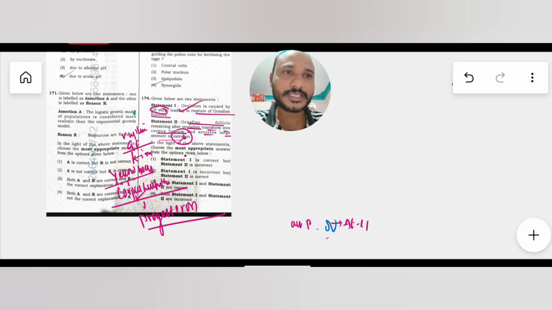So this estrogen makes the statement wrong. Generally the corpus luteum secretes a large amount of progesterone, not estrogen. So statement 1 is right, statement 2 is wrong. The right answer for 174 is the first one.